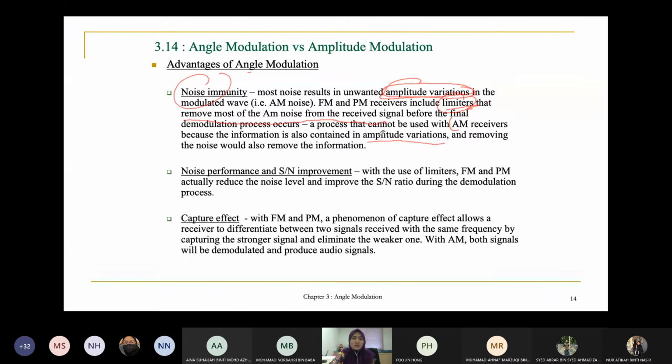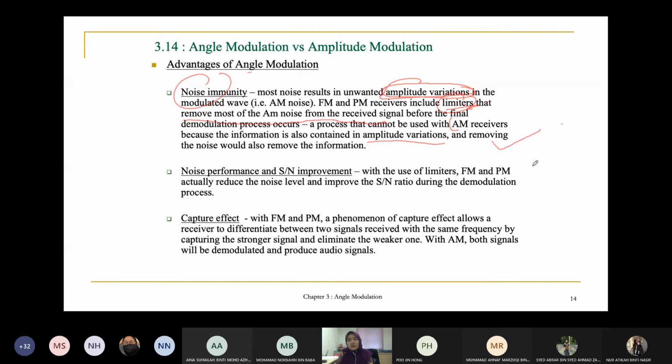Therefore, you cannot filter or remove the amplitude variation in an amplitude modulation. That is why angle modulation has better noise immunity compared to amplitude modulation.